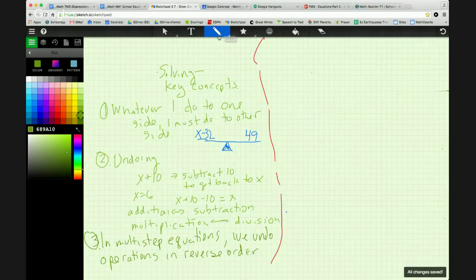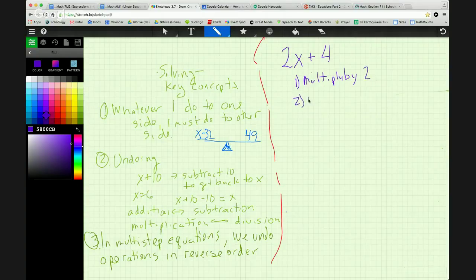So let me explain that concept here. Undoing in reverse order. If I have 2x plus 4, what did I do to my x here? The first thing I did was I take my x and I multiply it by 2, and then I added 4.